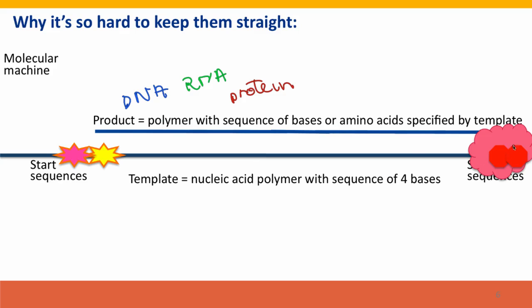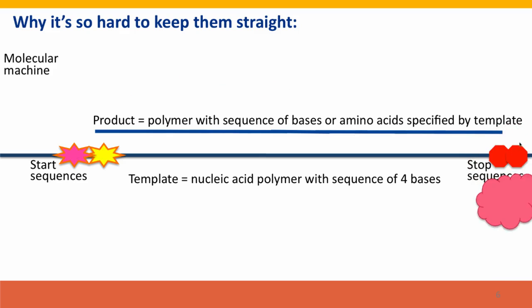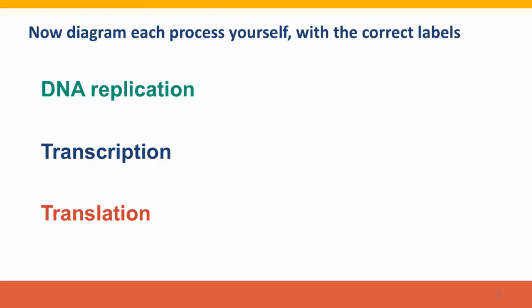The molecular machine that carries out this process then, when it reaches the stop signals, disassociates and releases the completed product. So that's why it's really hard to keep them straight, because fundamentally they are very similar processes, but they have very different significances, very different roles in the cell.